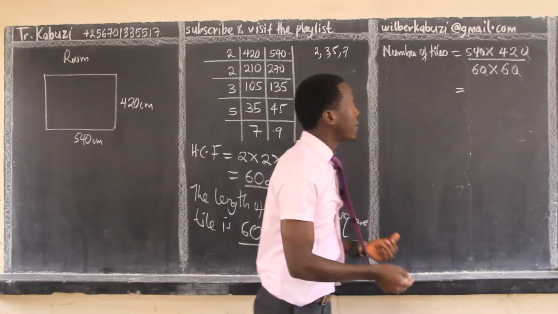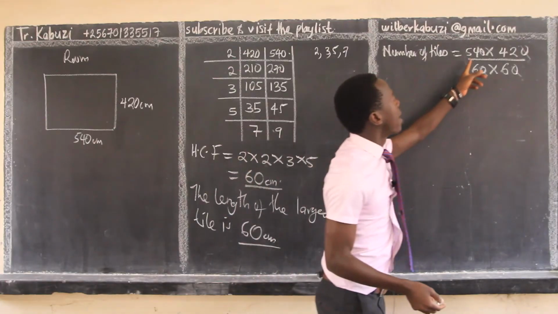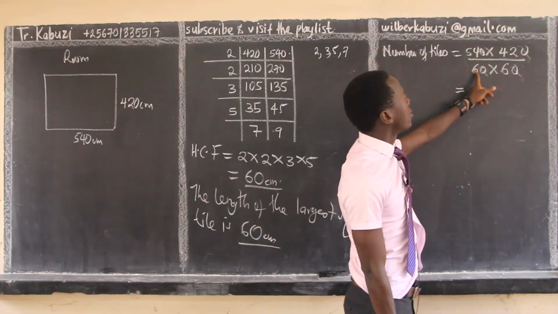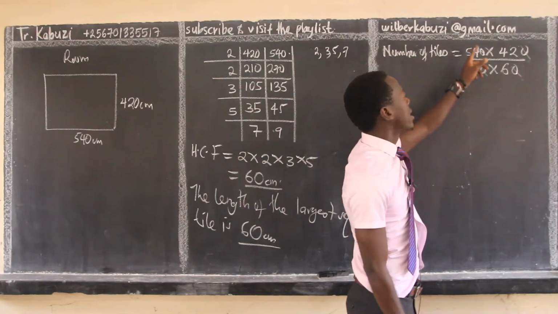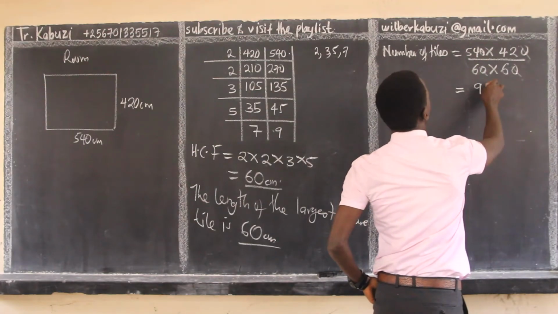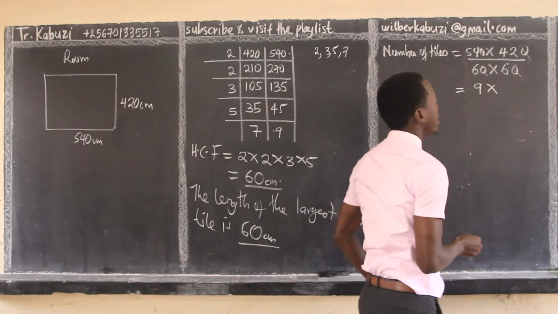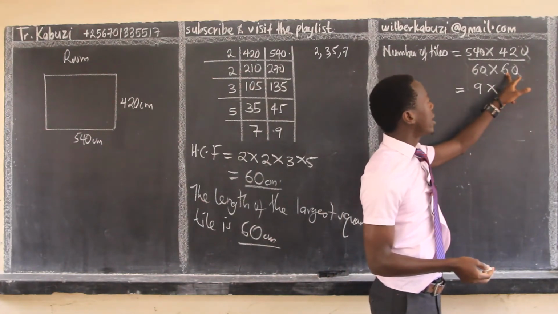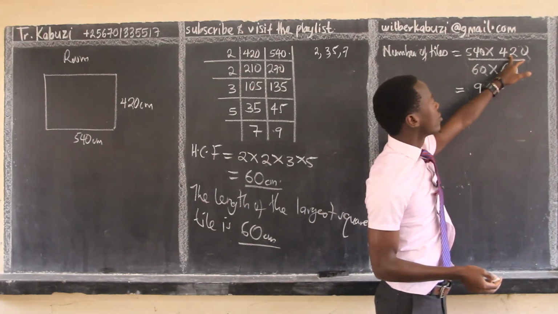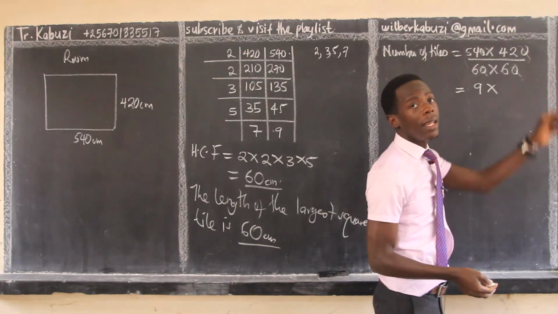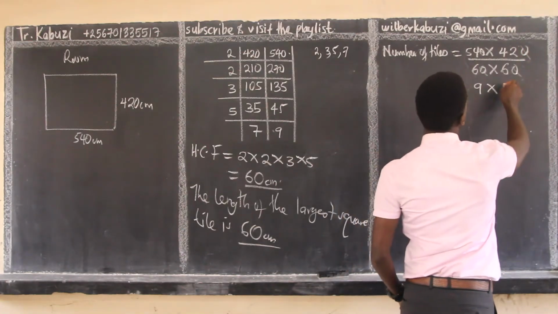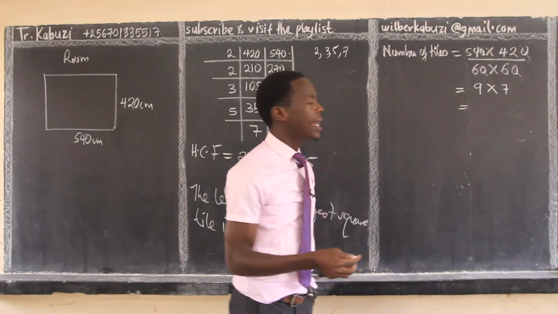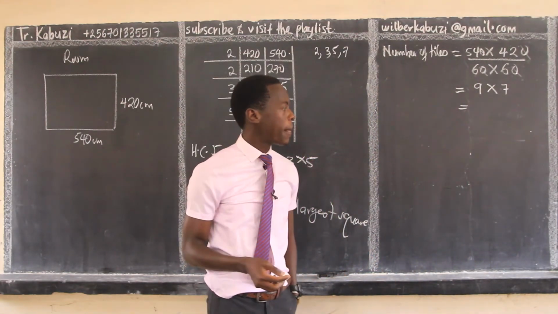If you go slow: by this 2 you get 27, by this 2 you get 3, by this 3 you get 1, by this 3 you get 9. Then go slow here if you don't have a calculator: by 2 here 3, by 2 here 21, then by 3 to get a 7. So then you multiply 9 times 7.